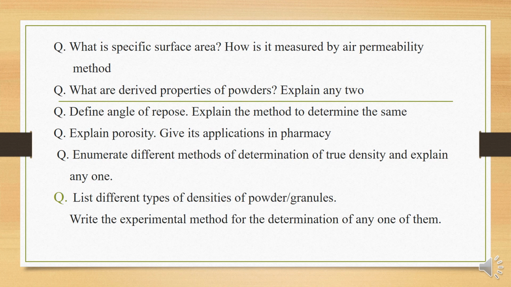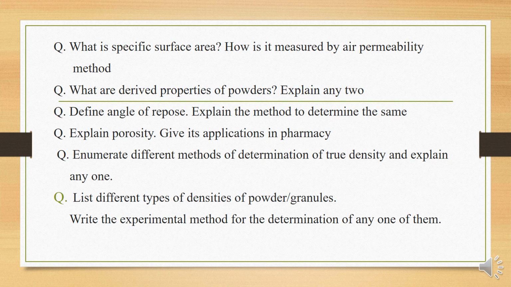So in that, the Fisher subsieve sizer consists of a sample tube containing the powder sample, with one end connected to an air pump through a constant pressure regulator, and the other end attached to a calibrated manometer.